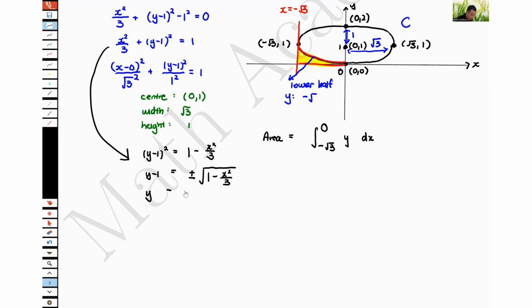So I have 1 plus minus square root. We are choosing the negative root. You don't need to explain for them. You just choose the correct sign to put in your equation. So we will then put in our equation. We want the lower half, so we choose the negative sign.